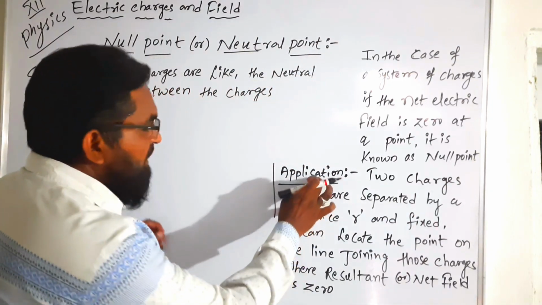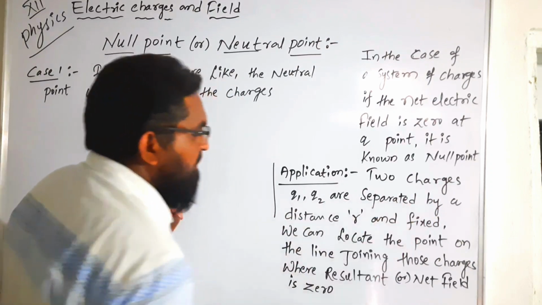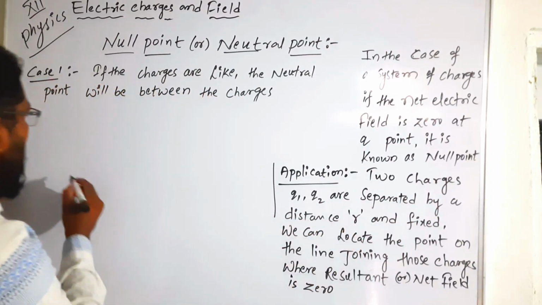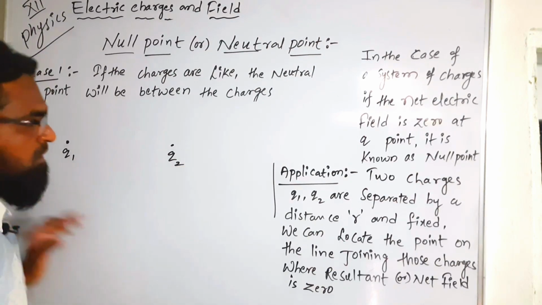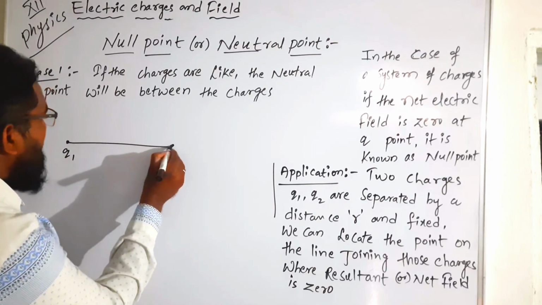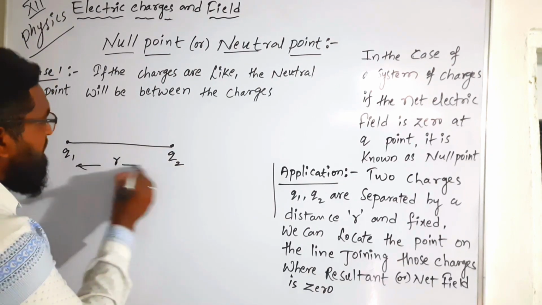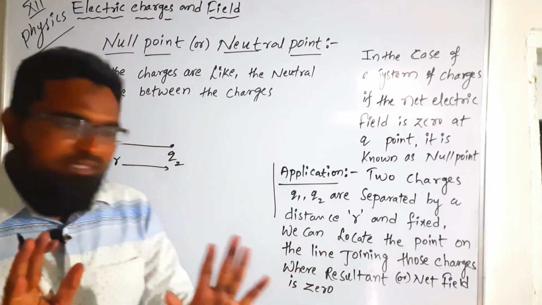See the application. First, two charges Q1 and Q2 are separated by a distance R, and this distance R is fixed. Two charges are fixed, students.